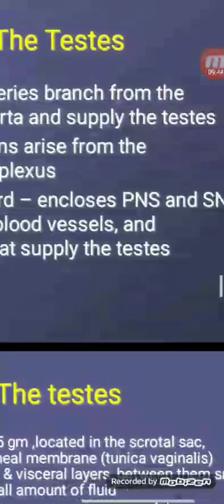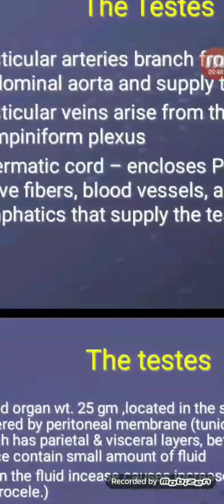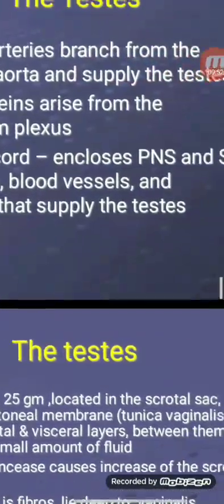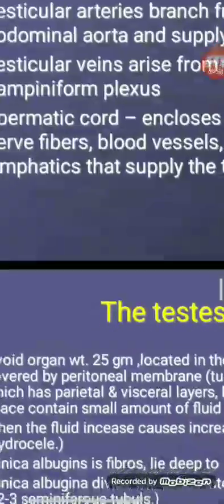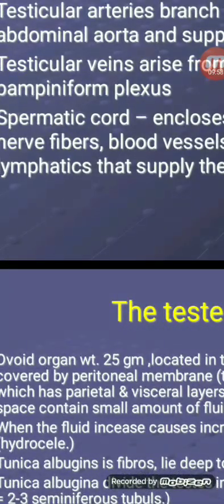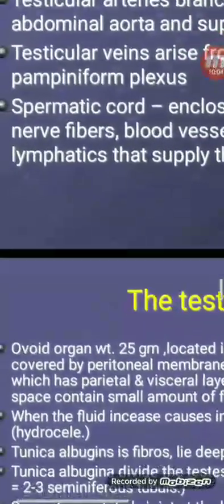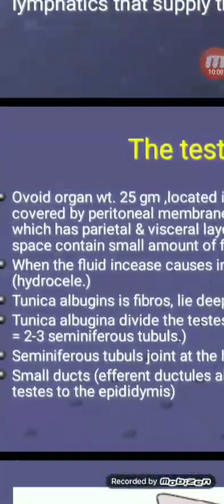The spermatic cord encloses the autonomic nervous system and somatic nervous system, nerve fibers, blood vessels, and lymphatics that supply the testes. These all are included in the spermatic cord. It has the autonomic nervous system, the somatic nervous system, the testicular artery, the pampiniform plexus, and lymphatics.